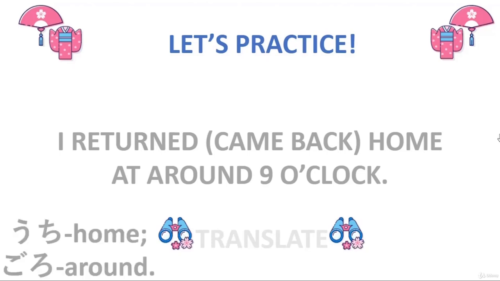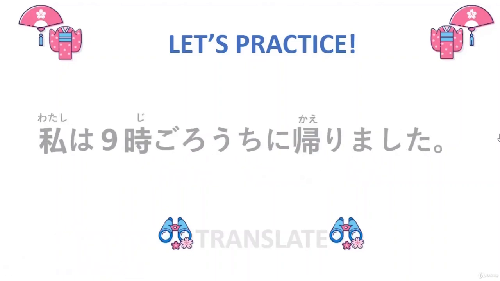Okay, so home would be うち and around would be ごろ. 私は9時ごろうちに帰りました。As for me, at around 9 o'clock, home, came back. So I came back home at around 9 o'clock.